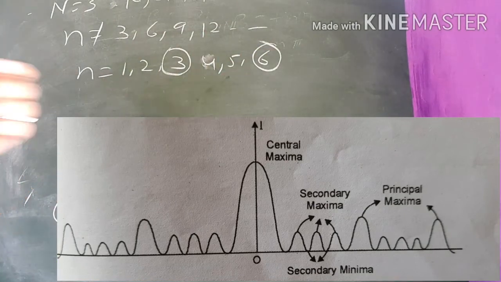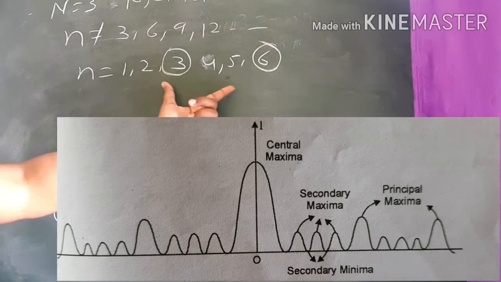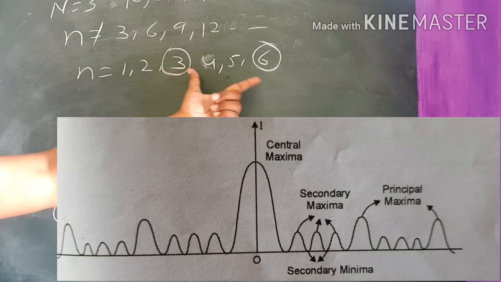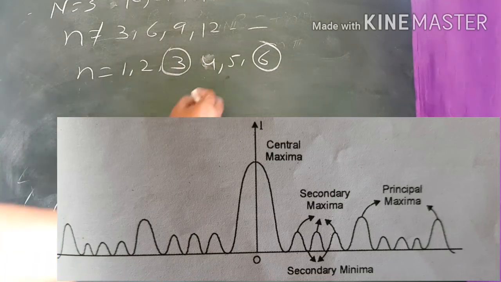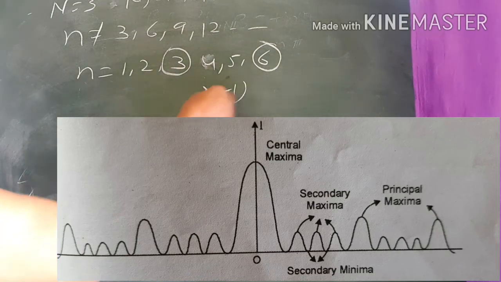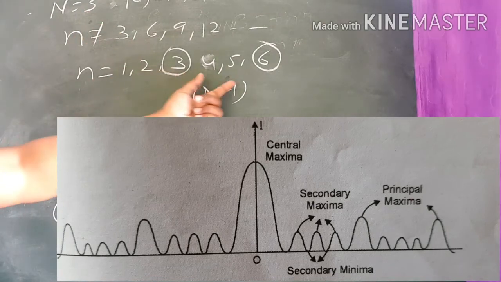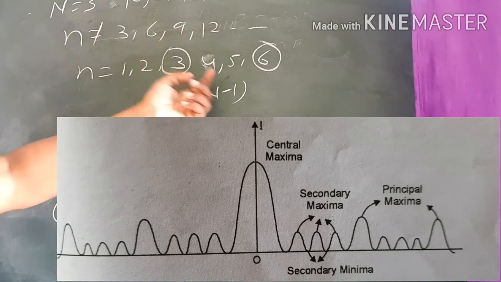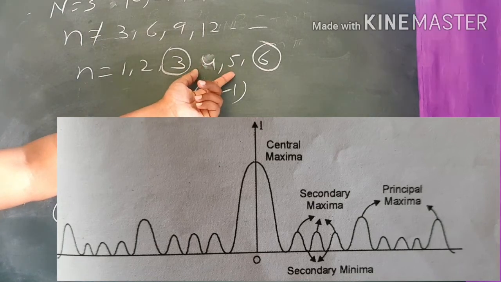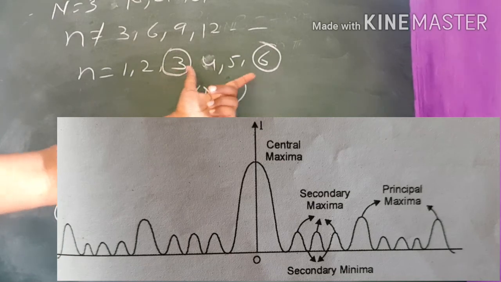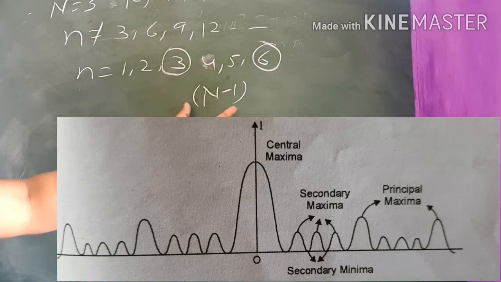So we can say between two consecutive principal maxima, there are N minus 1 minima. Here N is 3, so there are 2 minima, 3 minus 1, 2 minima.